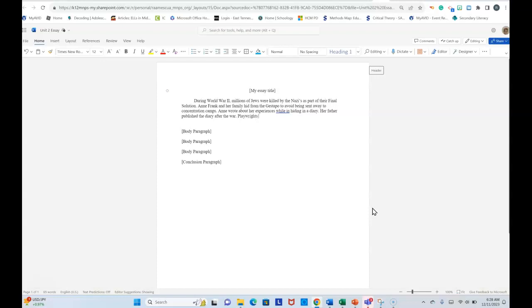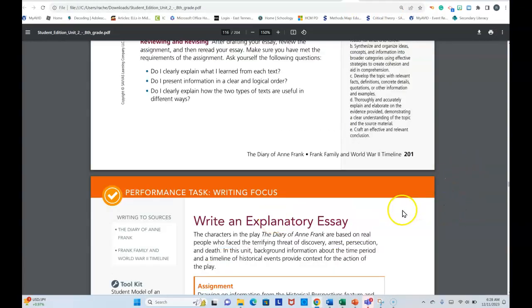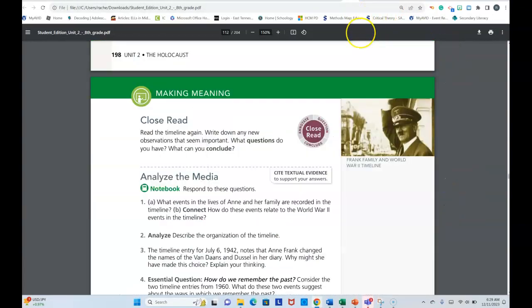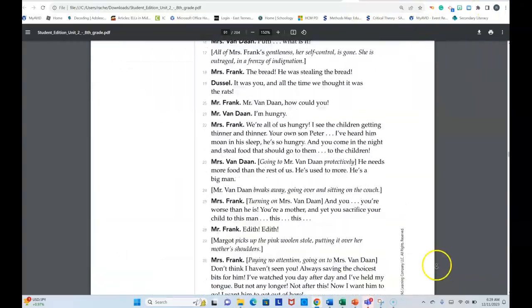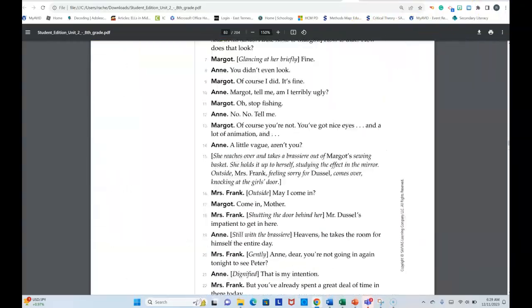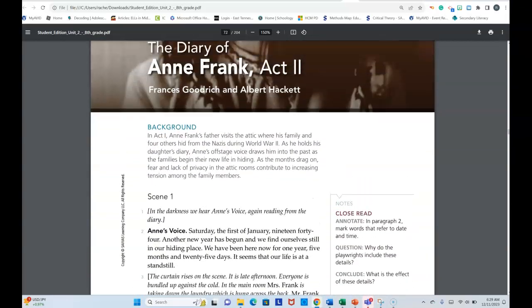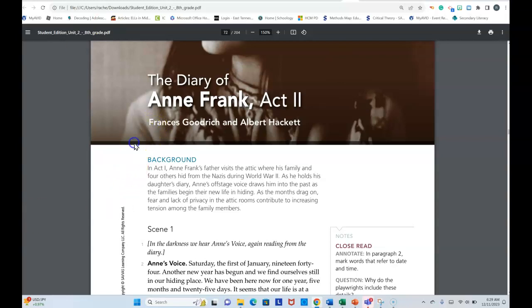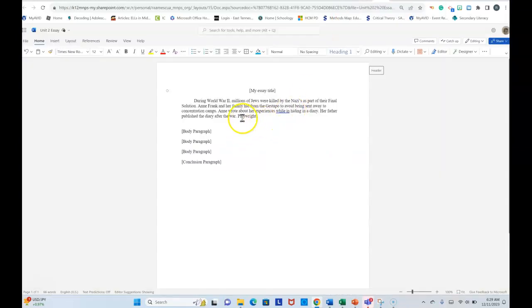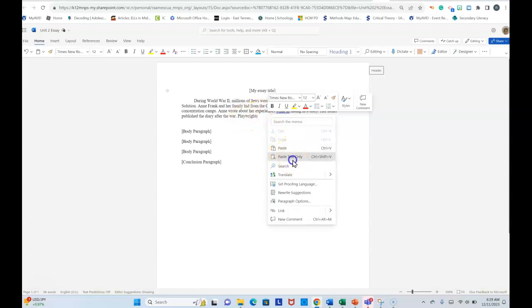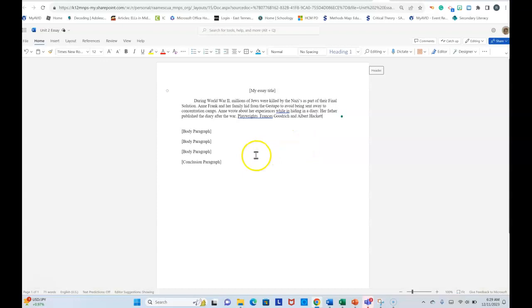Playwrights, and I can't remember their names. I would usually put the two playwright names, but I'm in a hurry. Well, I probably should do the right thing. Let me model the right thing. Sorry, guys. Let's go all the way back to the beginning here. Okay, so here are our playwrights. Frances Goodrich and Albert Hackett. Copy. I'm going to put here plain text only.